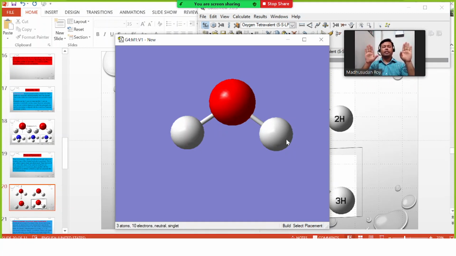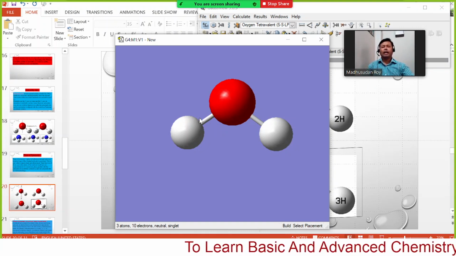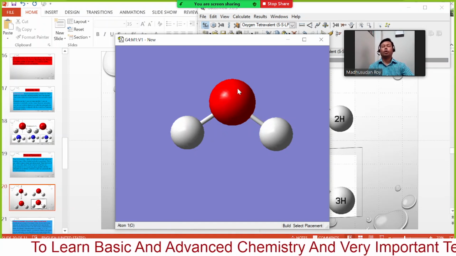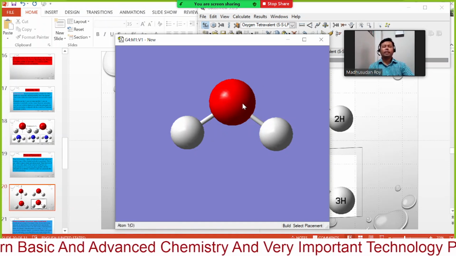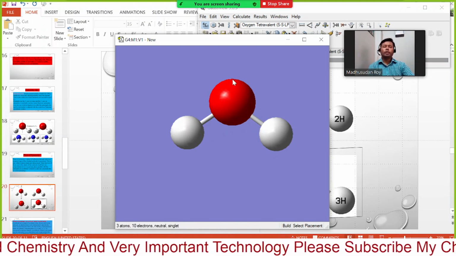If you put one mirror, you can see your left hand like a right hand. The bond length, bond angle, everything is the same. So this molecule has a plane of symmetry.